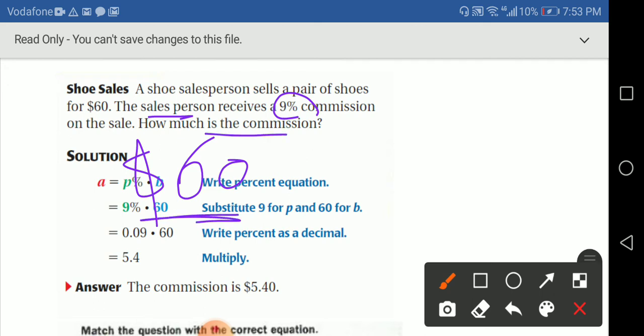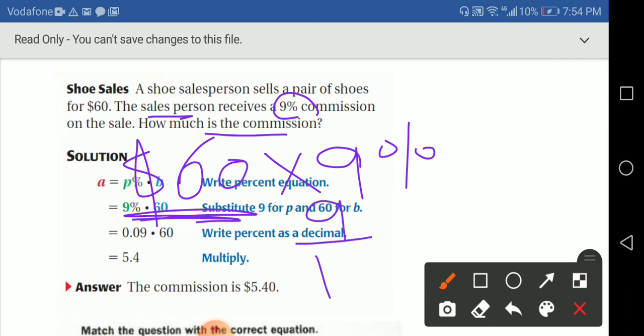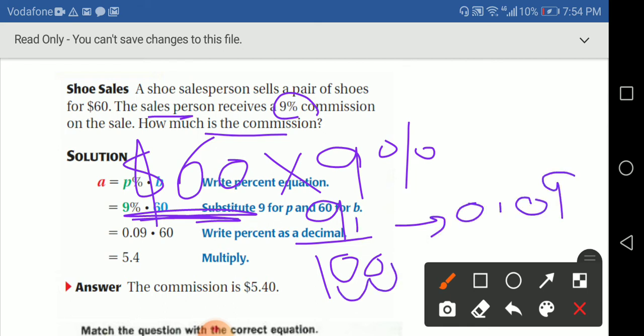So I'm going to take the $60 multiplied by the percentage of the commission. So 9% times 60. What about 9%? 9 over 100, so this is 0.09. I have here how many zeros? 2. So I will move up 2, put my decimal point here. 0.09 multiplied by 60.